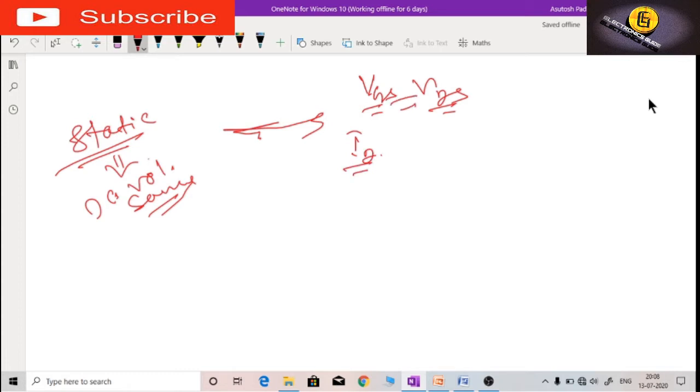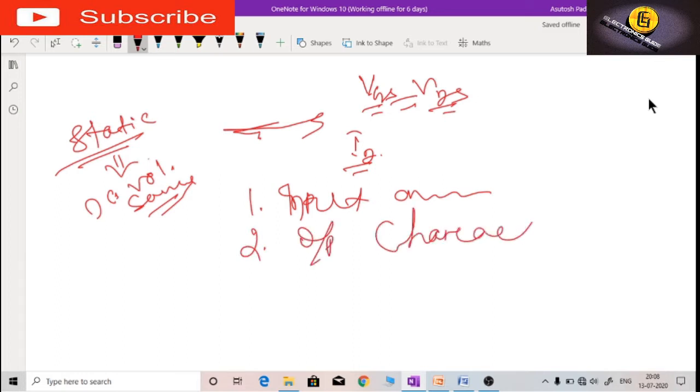The static characteristic of any device includes three characteristics. The first one is input characteristics, the second one is output characteristic, and the third one is transfer characteristic.